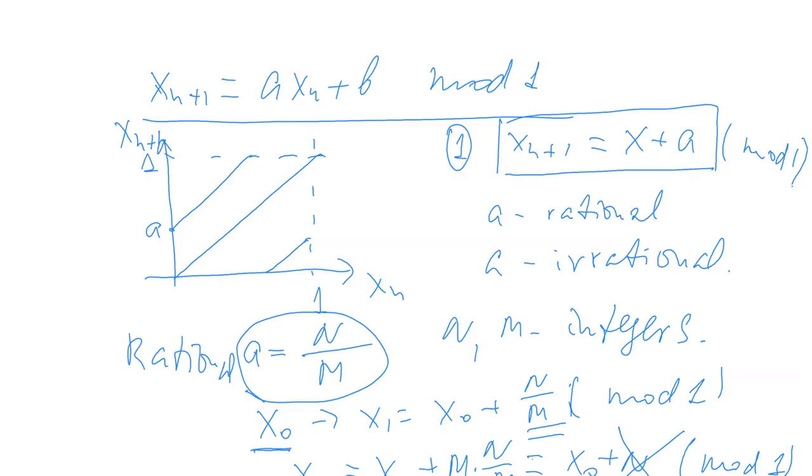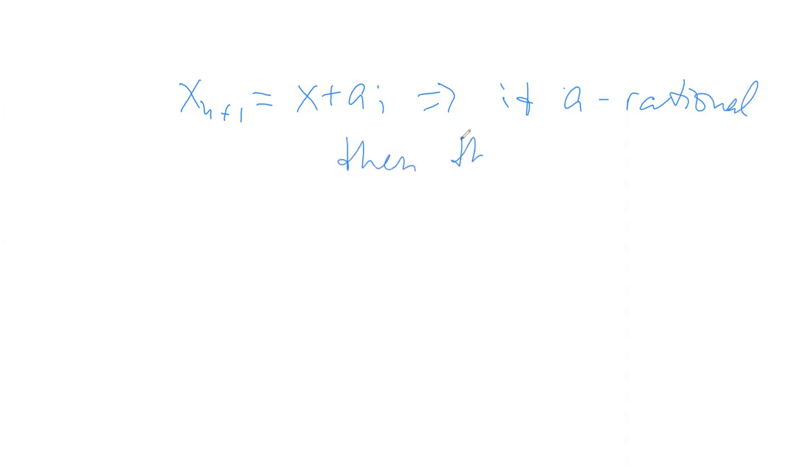Let me clear the board. So what we considered was x n plus 1 equals x plus a, and here we concluded that if a is rational, then the dynamics is periodic.